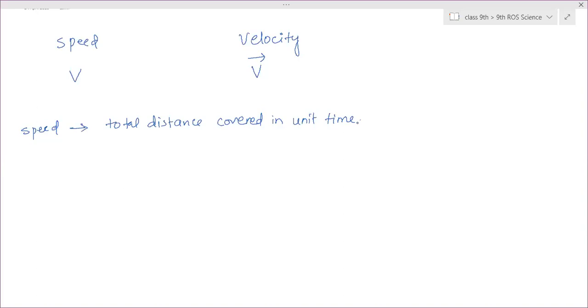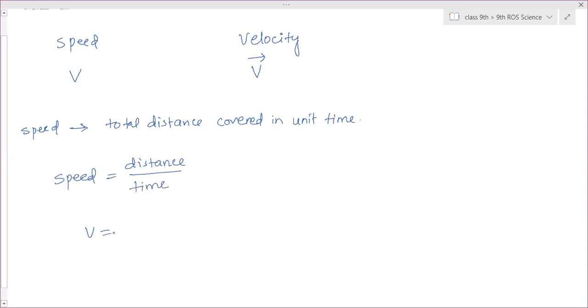For comparing the running capacity of two people, they are given the same time period, and then the total distance covered by them is calculated. That measurement is called speed. So speed is equal to distance by time.